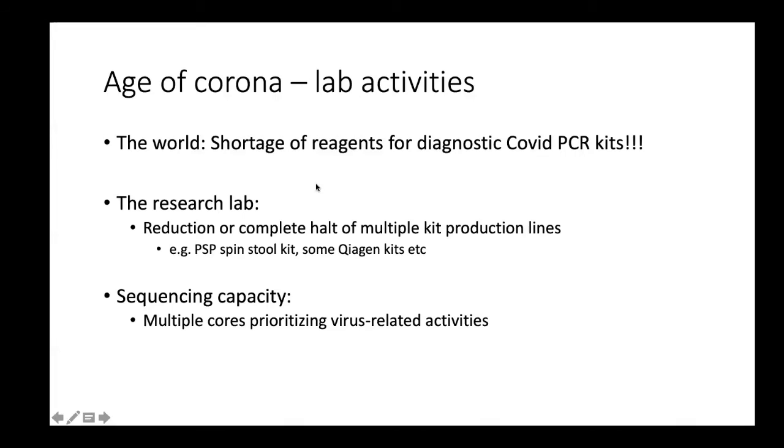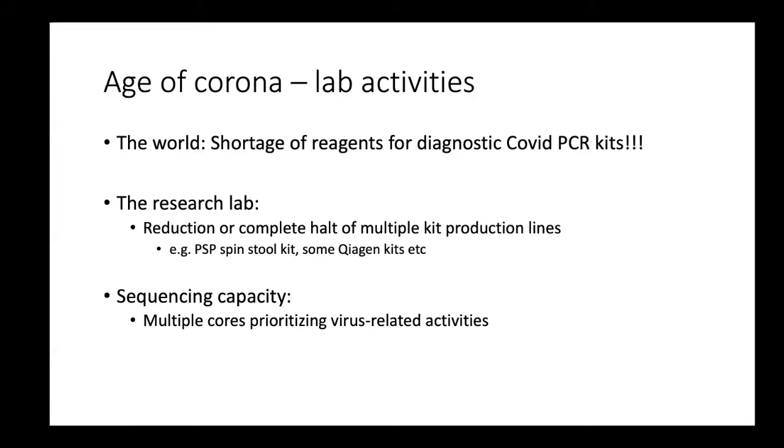And we just now realized that we have a major project where we don't have enough kits, and it turns out they have stopped the production line for our favorite PSP spin stool kit. So we really do not know yet how exactly to handle a couple of thousand stool samples waiting for us to work on.